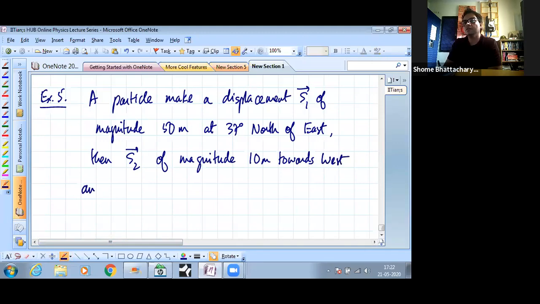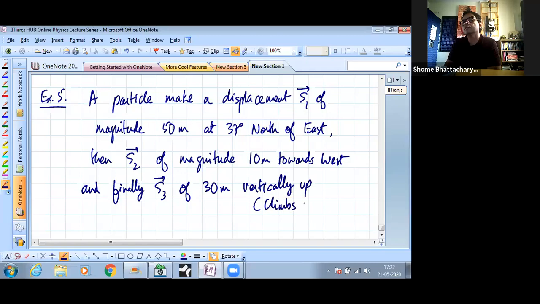And finally, S3 of 30 meters vertically up. So imagine he climbs a straight ladder, climbs a vertical ladder. 30 meters is a huge amount. It would be something like 9 floors he's climbing straight away. So anyway, so vertically up.